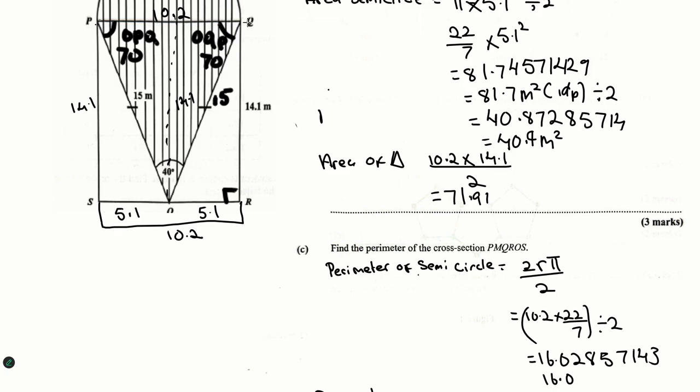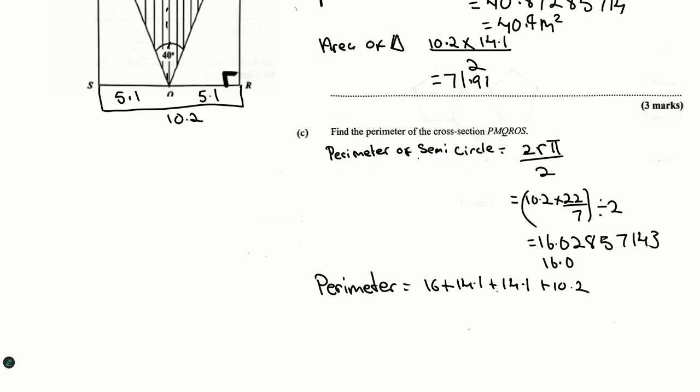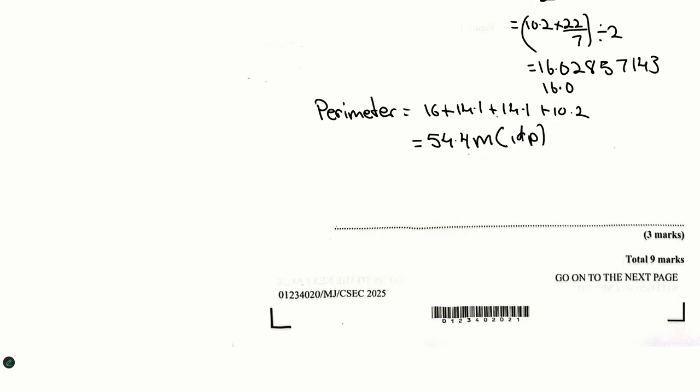When you add it up, you'll get 54.4 meters, to 1 decimal place, and that is going to be your answer for this question. If we go down, that is the end of number 6 for May/June 2025, and that is how you would do this question.